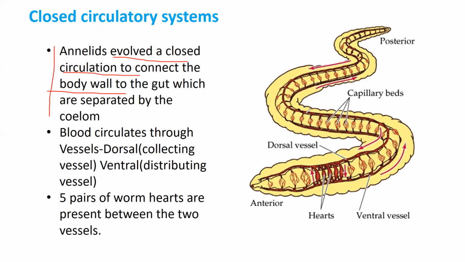Coelom हम अंदर के स्पेस को कहते हैं. आप यहाँ पे देखो, there are two blood vessels, right? Ventral and dorsal. In between the ventral and dorsal, blood flows, so this became a closed circulatory system. And in between you see the heart, a pulsating organ, which regulates the flow of blood between these two vessels. So the blood circulates through the vessels, the dorsal, which is a collecting vessel, and the ventral, which is a distributing vessel. And altogether, 5 pairs of worm hearts are present between these two vessels, right? So this is the most primitive one, okay?